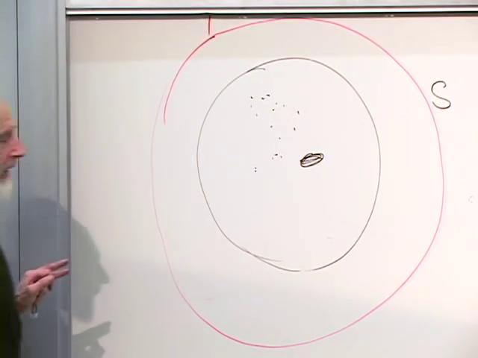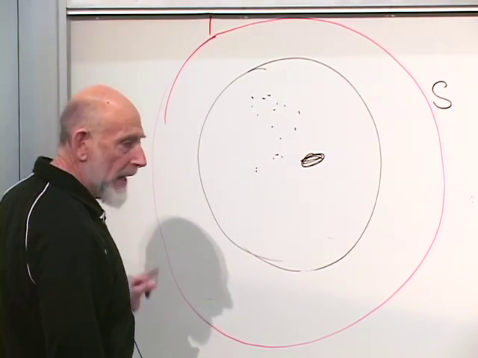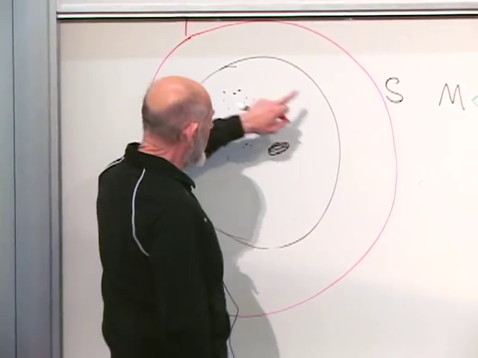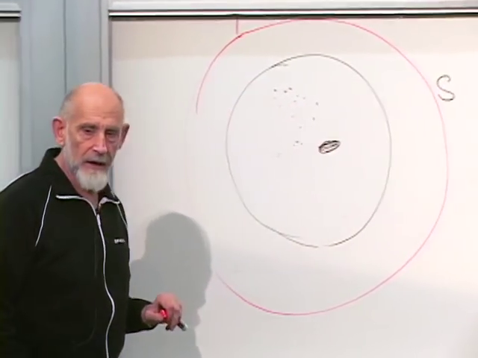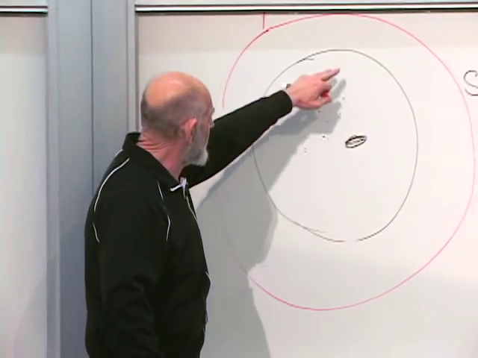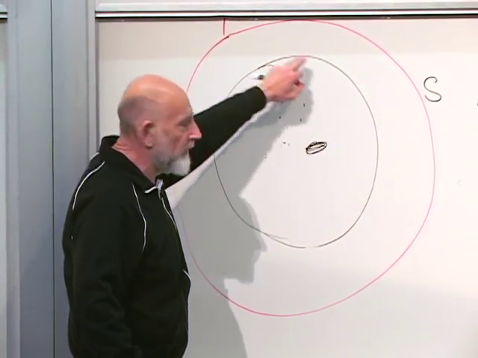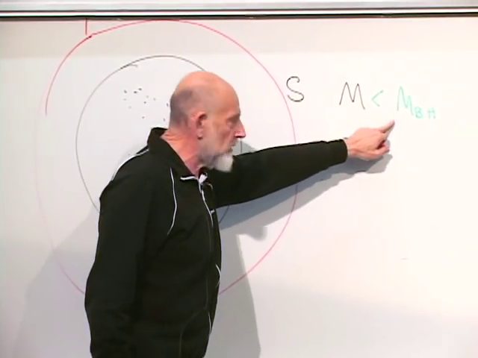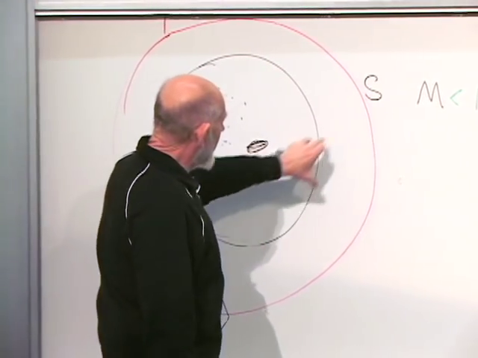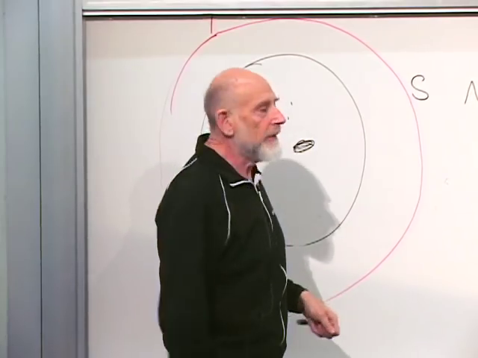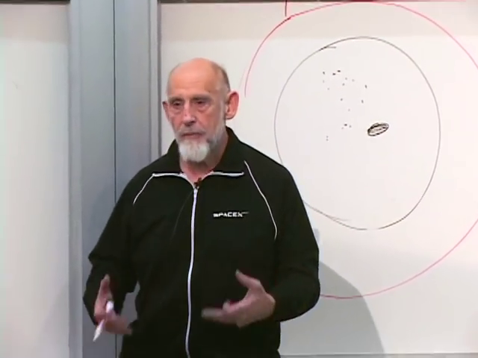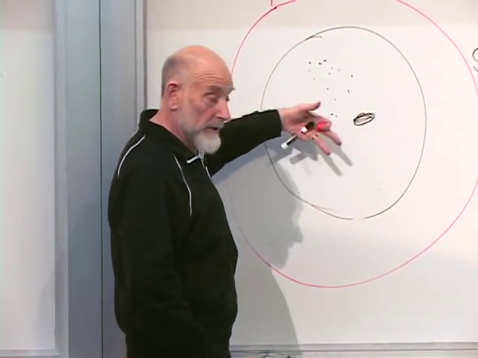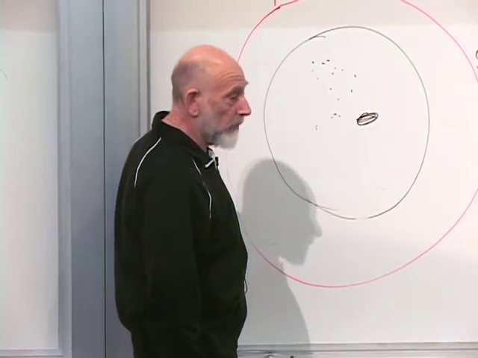And that shell comes in. It happens to have precisely enough mass that it, together with the mass that's in there, happens to be the mass of a black hole which just fills that region. We're assuming the mass is less than the mass of that black hole. Let's take the red shell to have just the mass necessary so that the sum together will form a black hole.